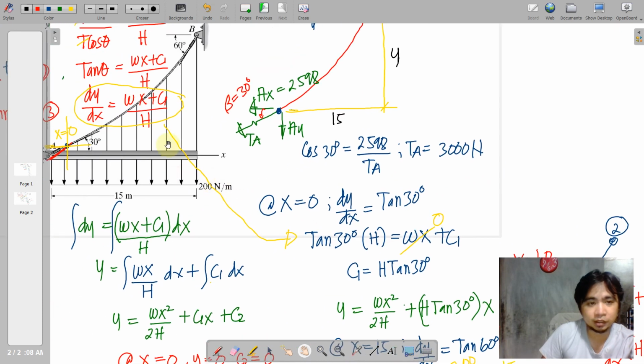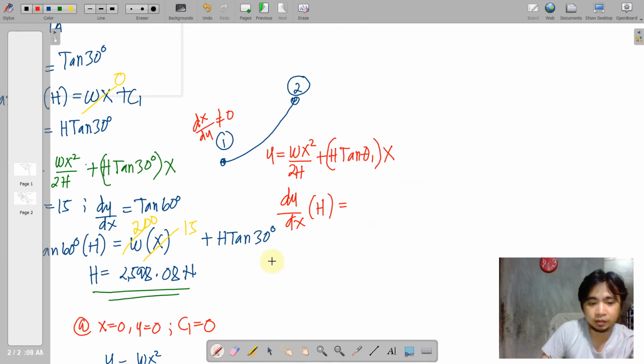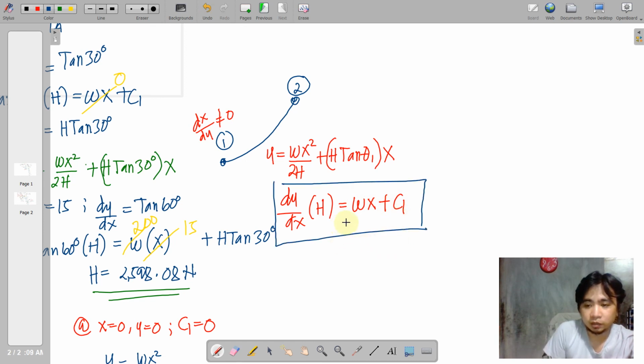Okay, and actually this shall solve everything as long as you apply the boundary conditions.